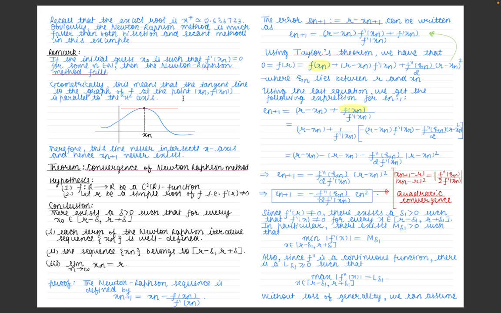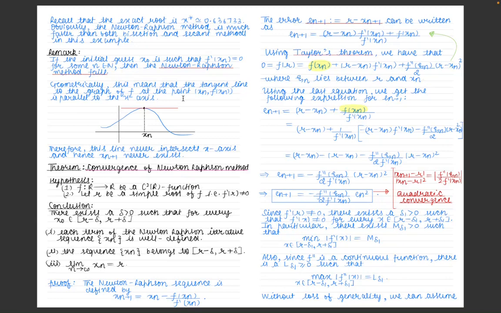Why? Because here f prime xn will be 0, and if this is 0, then it is a not defined quantity, the Newton-Raphson formula. But geometrically, what does it mean?